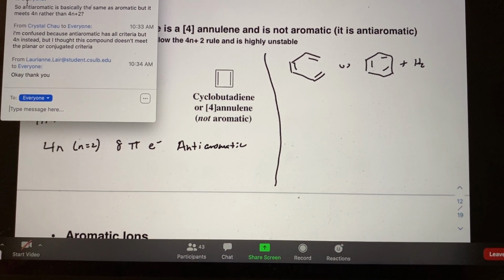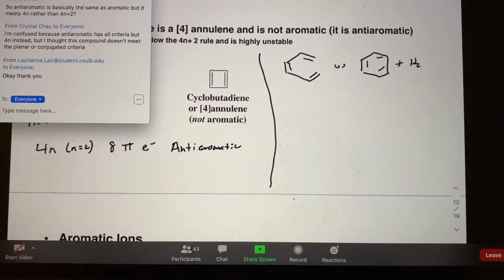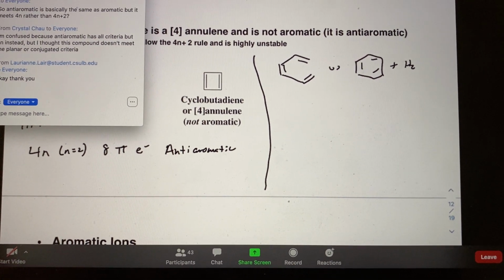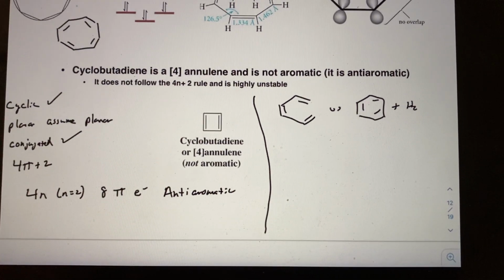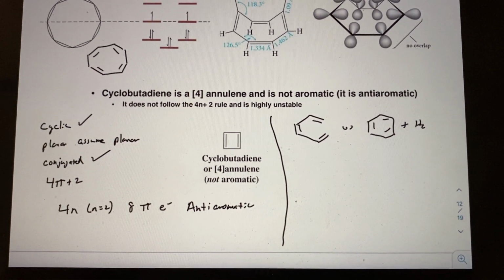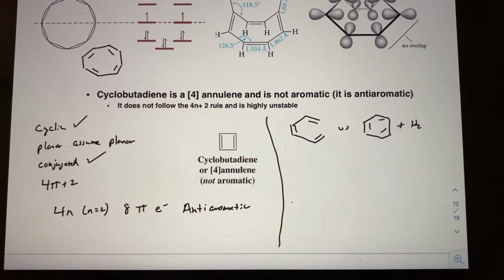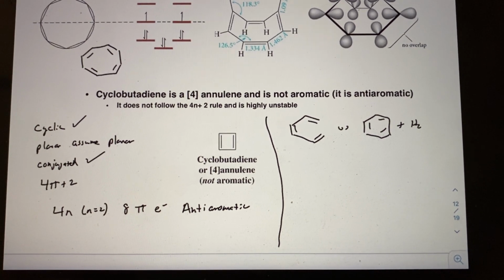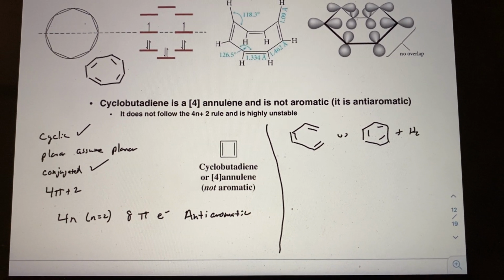So yes, I think it's a great point, and this is a complication at times. A lot of the times the compounds that we'll be working with, we'll see that they're going to be aromatic, benzene and so on here, and these other compounds that we've seen.